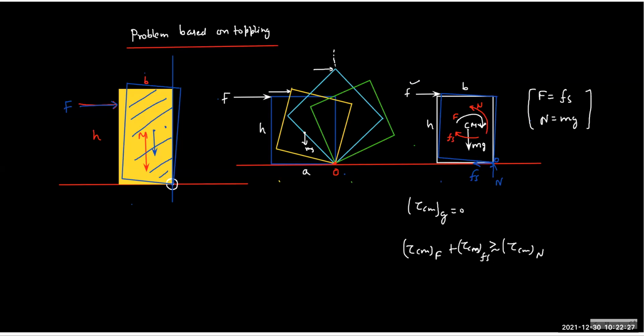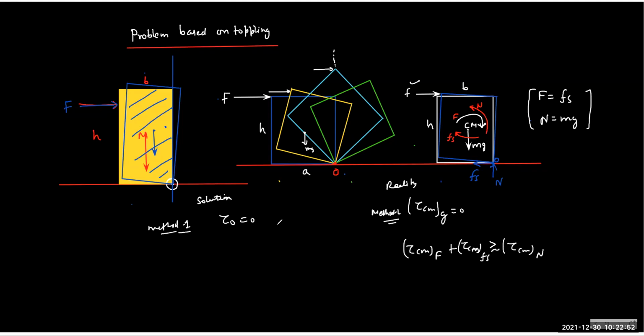Now, if you solve this way, or if you simply find the torque about O, method 1, this also gives the answer. This is reality, and this is just a solution. Why am I saying solution and not reality?